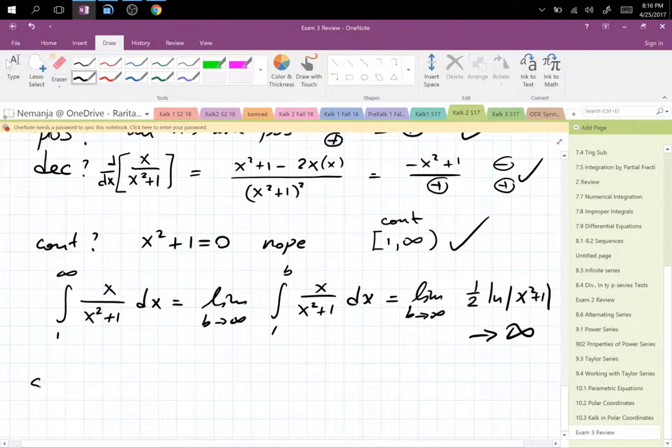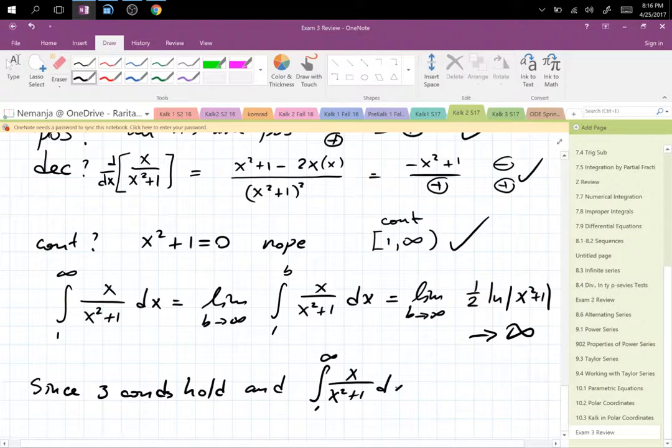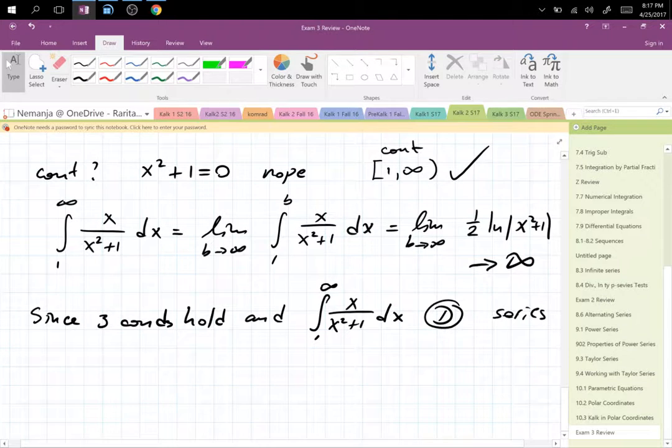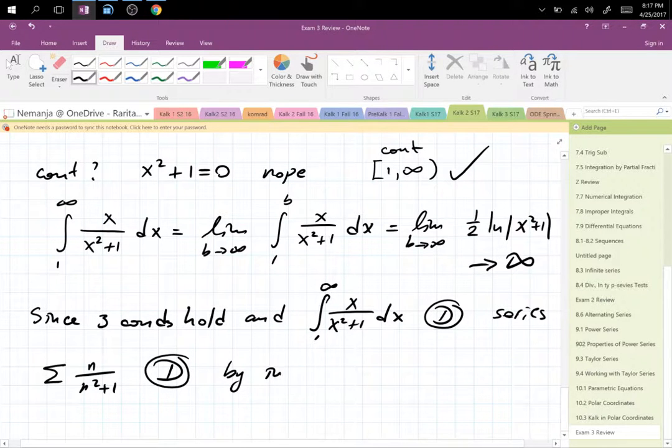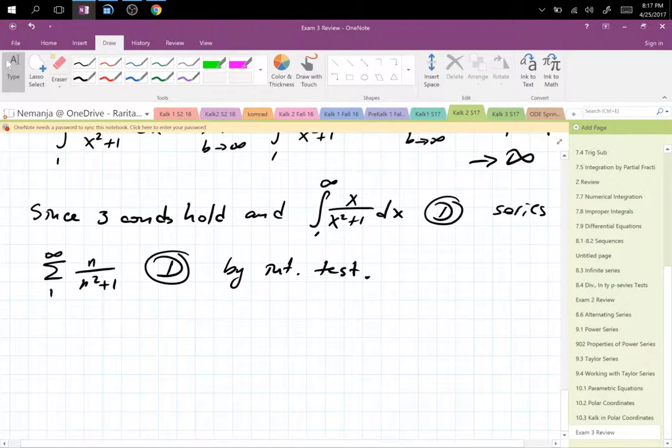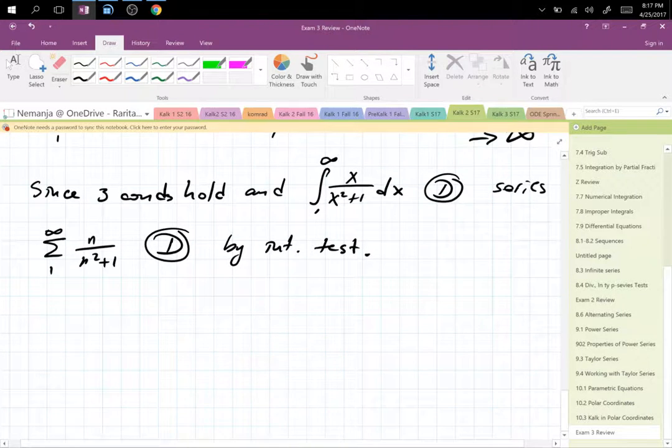So since the three conditions hold and the integral from 1 to infinity of x over x squared plus 1 dx diverges, the series summation n over n squared plus 1 diverges by the integral test. Boom, done. That's how you do the integral test. Now this is abbreviated. Obviously you will write the stuff out.